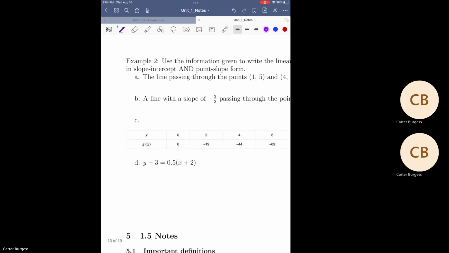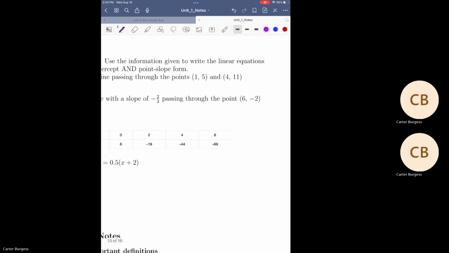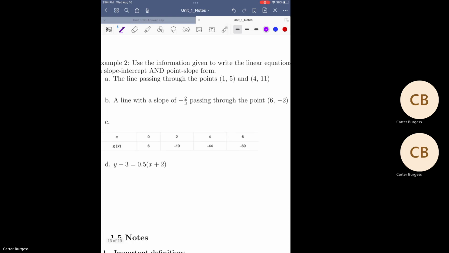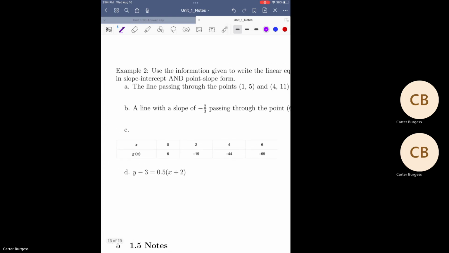All right, we'll start with our point-slope form. It does not matter which point you pick. It doesn't matter what was y1, what was x1. It doesn't matter what was y2, what was x2. Again, just be consistent. So for instance, here we might say that we're looking at y minus 11 is equal to 2 times x minus 4, and that is completely fine.